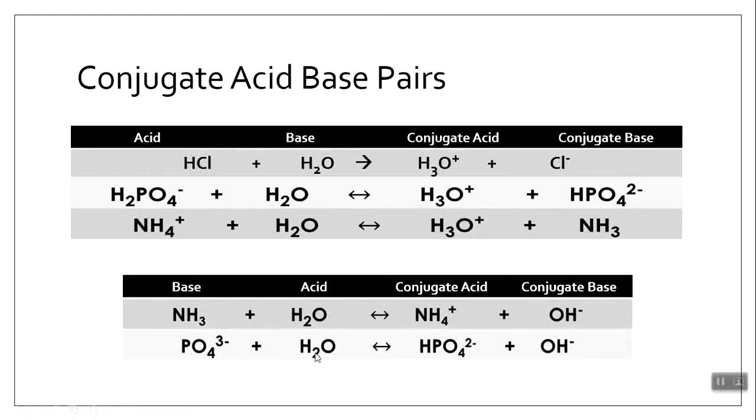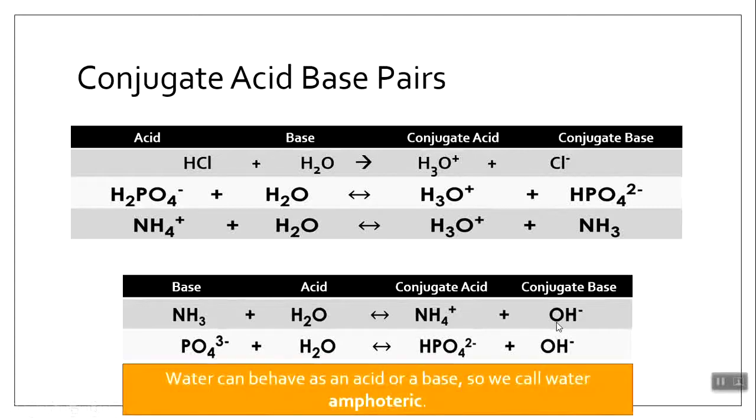On the bottom two examples, the water is acting as an acid, and so the water will give away a hydrogen ion, it will give away a proton, and look at what the NH3 does. The NH3 took one of the hydrogen ions, one of the protons, and now the conjugate acid is NH4+, while the conjugate base is OH-. So water can behave as an acid or base, so we call water amphoteric.